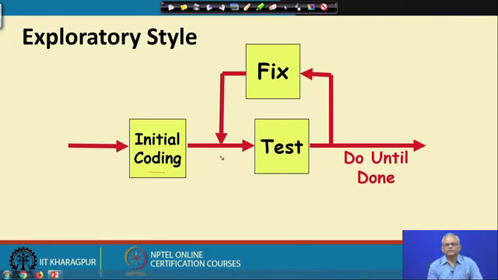Again compile, test, and again see that there are errors. Keep on this cycle, fixing the program and testing, keep on doing it until you find that okay, it is as per your understanding of the requirement for the program. So, this is the model of an exploratory style of development.